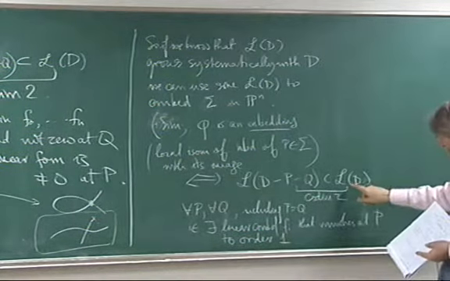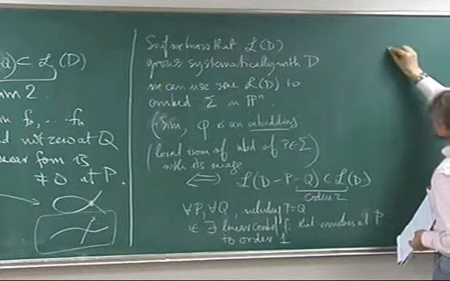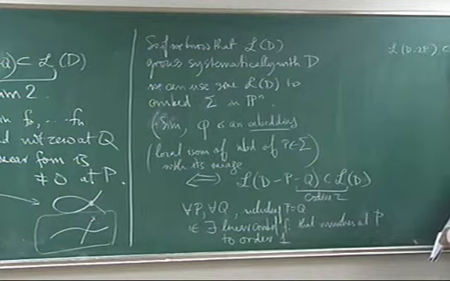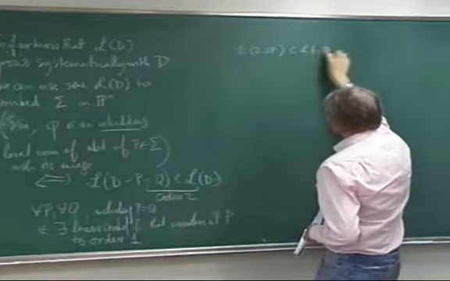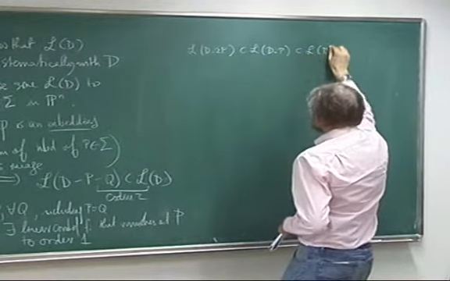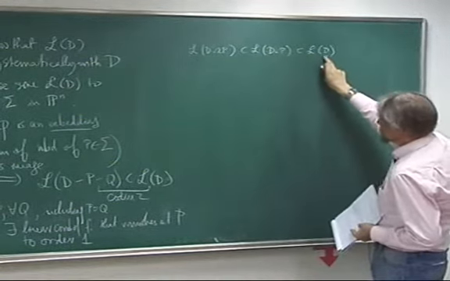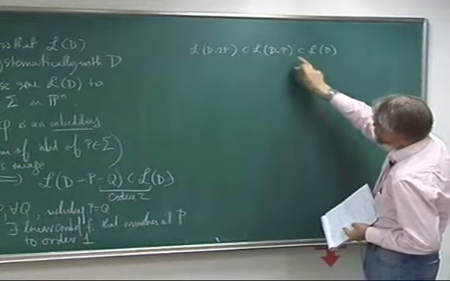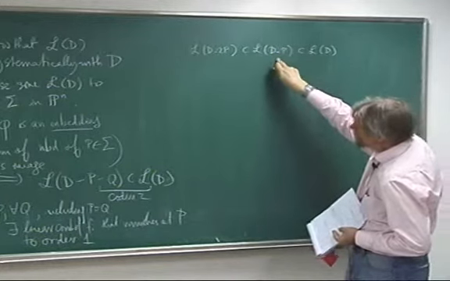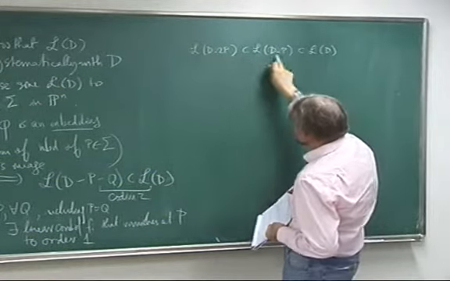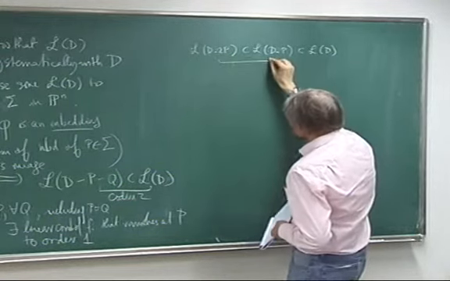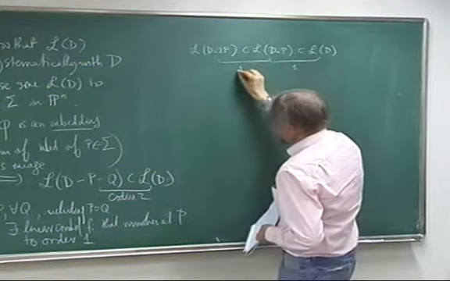So I'm doing L(D minus p), L(D minus 2p), L(D). First of all, I've got to have some element that doesn't vanish at all at p, then I've got to have some element that vanishes at p with order 1. And then this is guaranteed not to be in there. So this is 1 and 1.